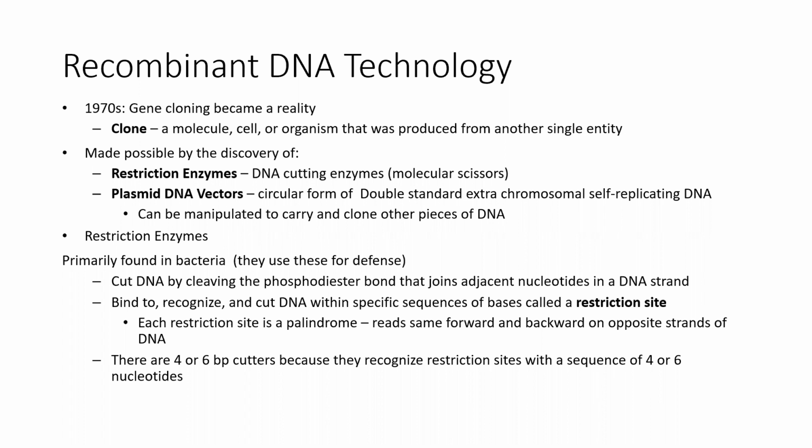Next, restriction enzymes cut DNA by cleaving the phosphodiester bond that joins adjacent nucleotides in the DNA strand. They cut DNA at a specific sequence of bases called the restriction site. The restriction site is a palindrome: a six nucleotide base pair sequence, with adenine binding with thymine and guanine binding with cytosine, as you already know. It reads the same forward and backward on opposite strands of DNA.